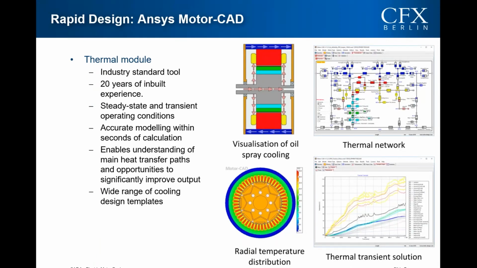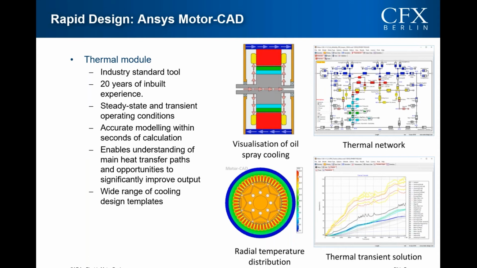The thermal module is really a strength of MotorCAD. It is an industry standard tool for thermal analysis of electric machines with over 20 years of inbuilt experience for heat transfer and contact resistances, for example. You can calculate the temperature of the motor components in steady state and transient operating conditions.